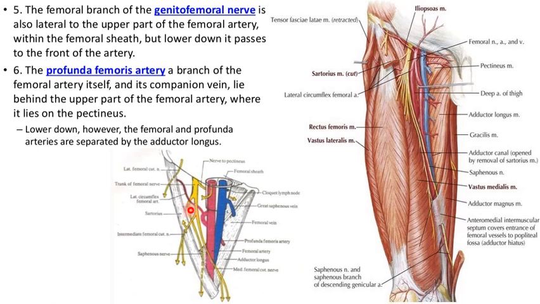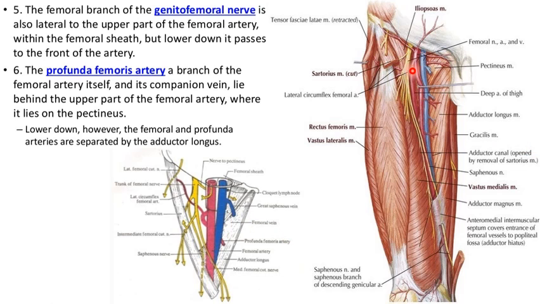So in the upper part, the profunda femoris artery is in between the pectineus posteriorly and the femoral artery anteriorly, and as it comes down in the lower part of the femoral triangle, it is between the adductor longus posteriorly and the femoral artery anteriorly.